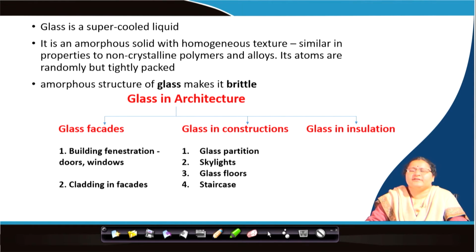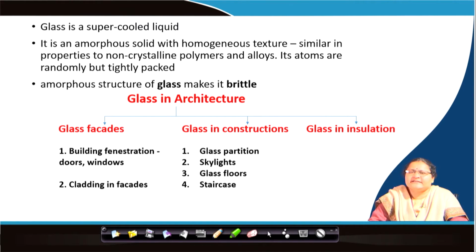Skylights: there may be a large space which has a roof, and to that enclosed space you need to give some light. Some atriums have a high top roof from where you can pour in light by treating it with glass, so the solar rays can filter into that space.